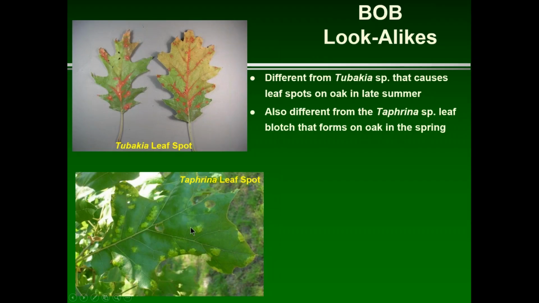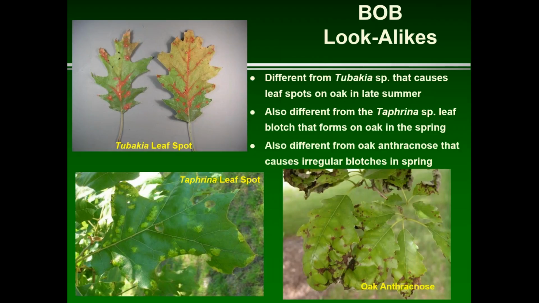This causes little blotchy, sunken lesions. They almost become like a pock in the leaf blade, but it's a spring-forming disease that'll typically form on oaks of all types in the spring of the year when we have those conditions that are favorable to foliar diseases of all types.